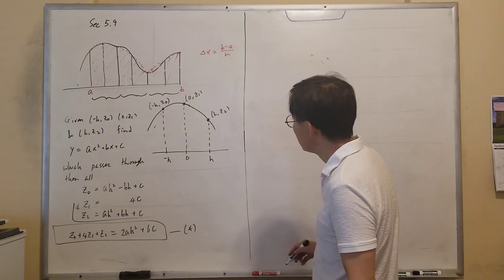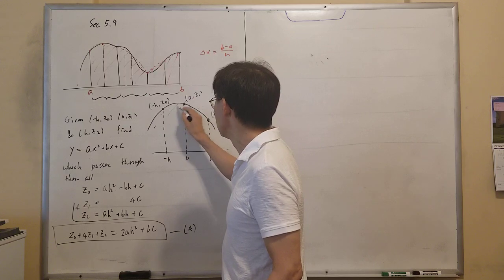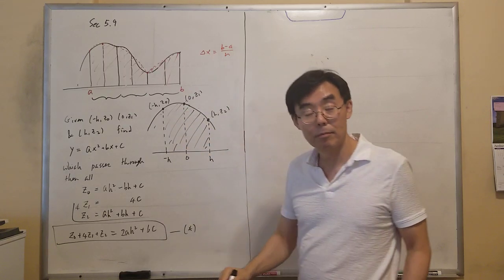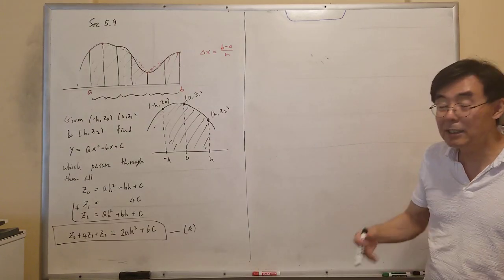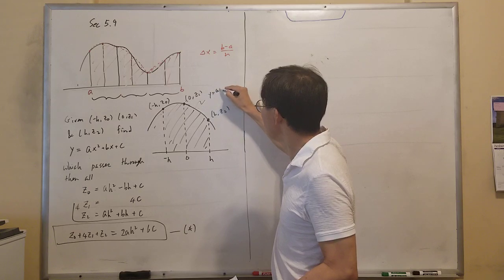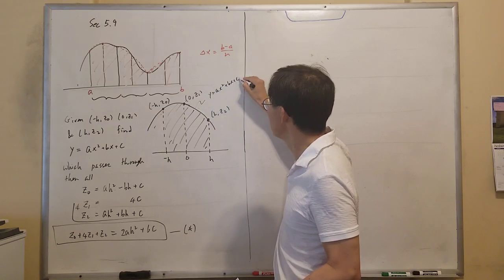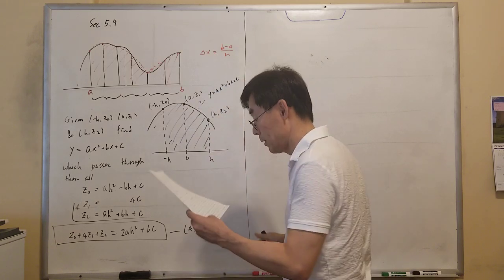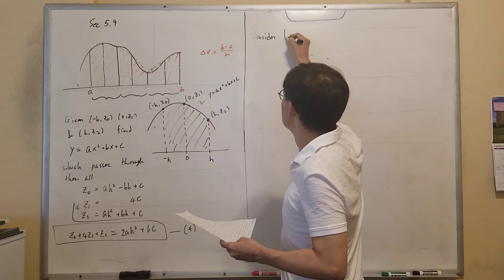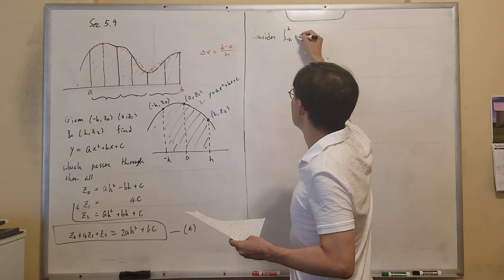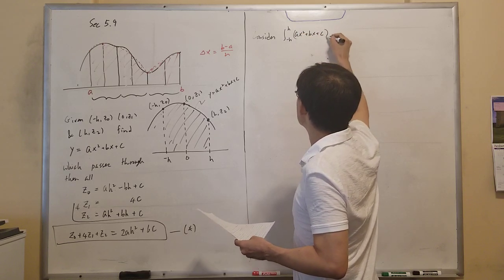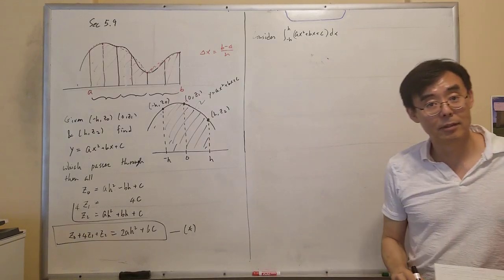Now, what is the area under this, or the integral of this function ax squared plus bx plus c, which goes through these 3 points? So let's consider this integral from minus h to h of (ax squared plus bx plus c) dx.